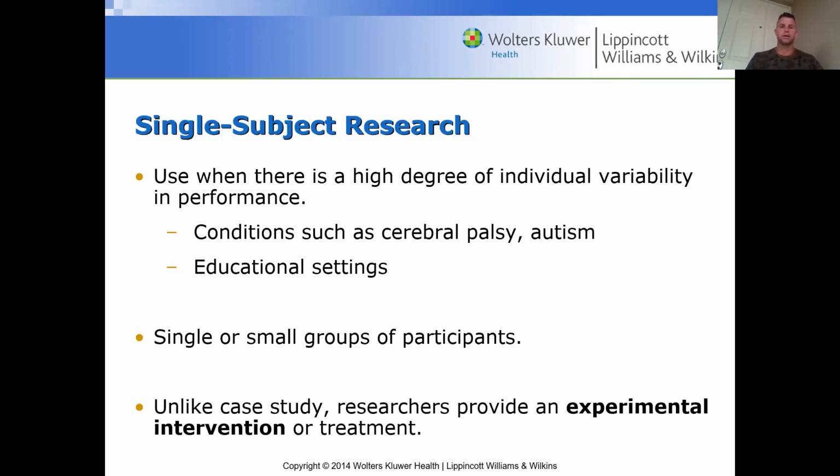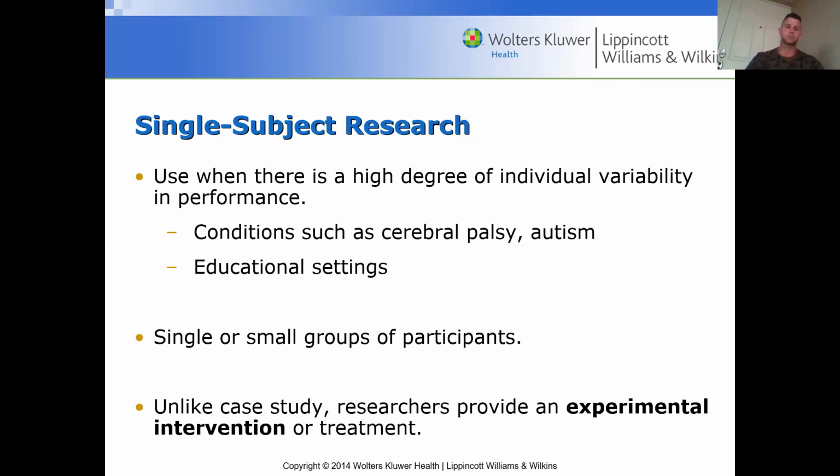And so again, that makes it very difficult to do in groups, because again, individual people, and then you have to use individual approaches to help them overcome that, right? So again, single or small groups of participants. Unlike case studies, researchers provide an experimental intervention or treatment. I tell my students all the time, when you work with somebody on losing weight, you've got to treat it like this.